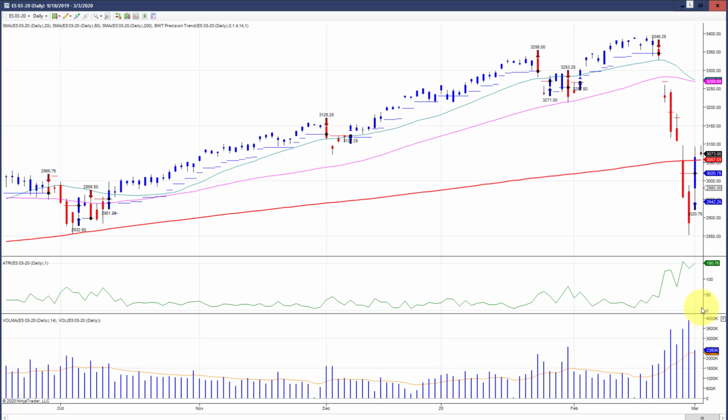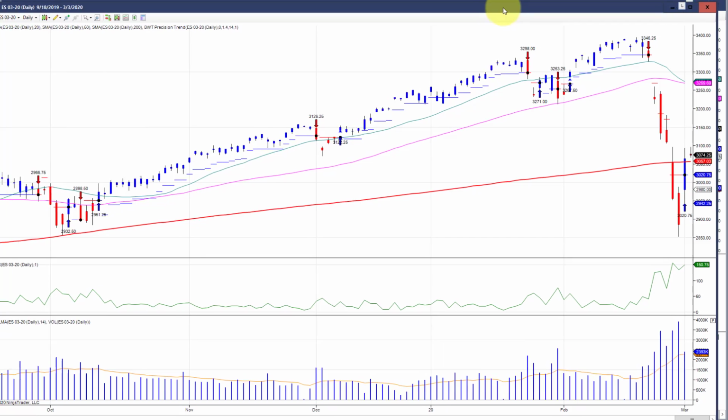That's 4 million contracts. Okay, that's almost 3 times as much as the Nasdaq, and as a rule, the E-mini S&P trades 2.5 times to 3 times more contracts than the Nasdaq. And you can see the daily range up here is once again about 3 times higher.